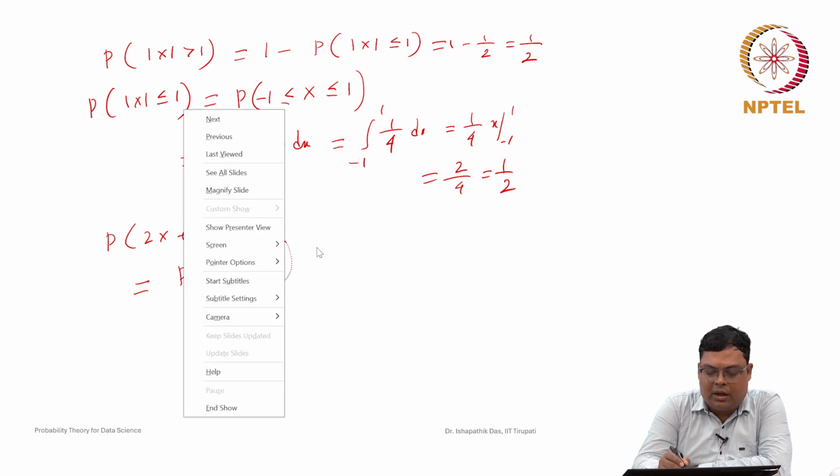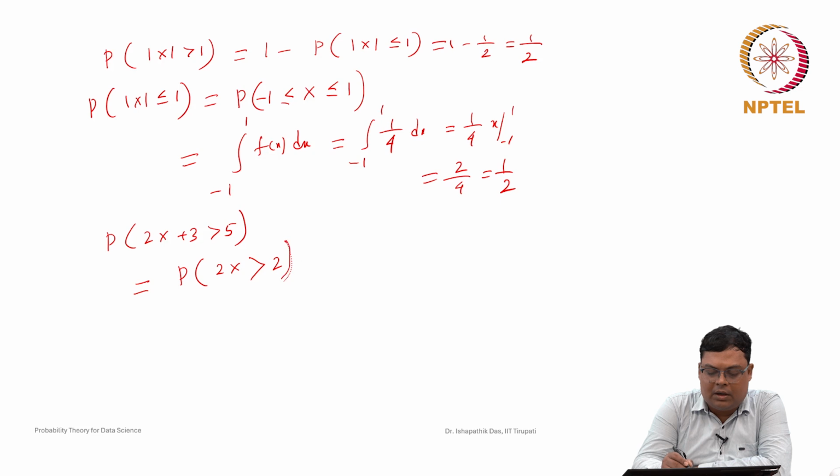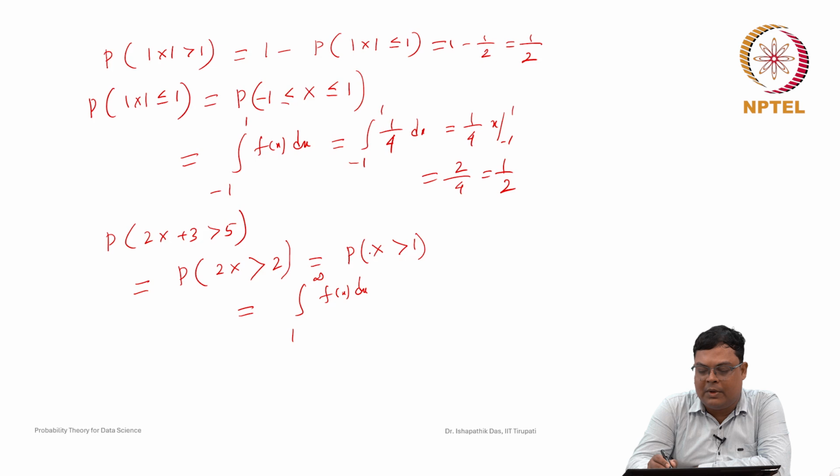Because 2 is a positive number, if you divide both sides by 2, this is equivalent to saying that x is greater than 1. You can find this probability directly: it is the integral from 1 to infinity of fx dx, because x greater than 1 means x is less than infinity.